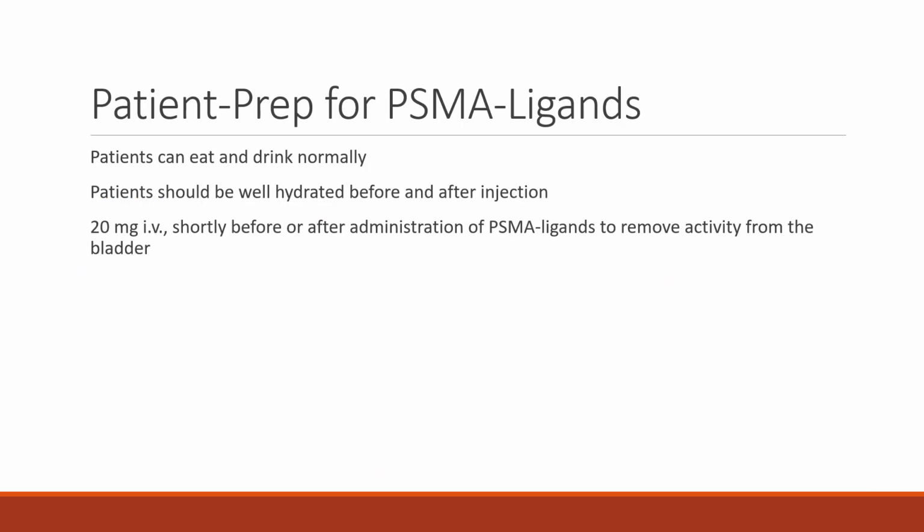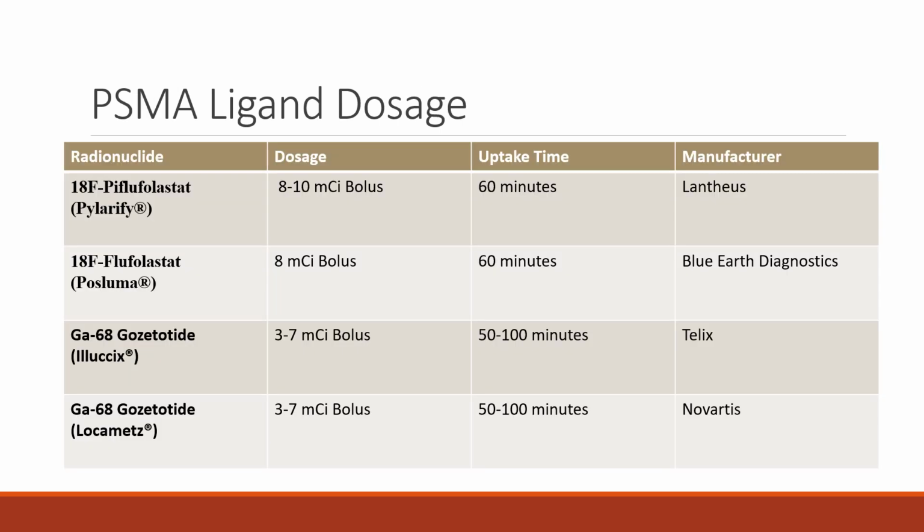With PSMA, patients can eat and drink normally, 20 milligrams IV, blah, blah, blah. This is a comparison of how they're done. Posluma is on here, and the manufacturer's on there as well. So the dosage is higher with FDG agents than it is with gallium. That's something to consider.